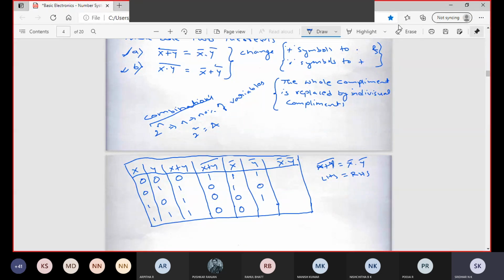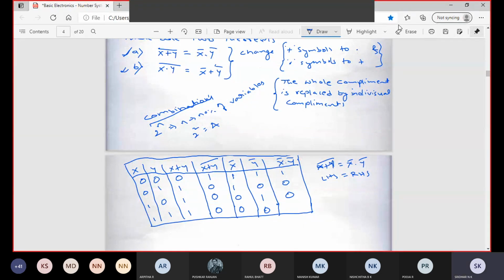Now, what is the last column? X bar dot y bar. You have x bar here and you have y bar here, so the product of this. 1 into 1 is 1. 1 into 0 is 0. 0 into 1 is 0. 0 into 0 is 0.